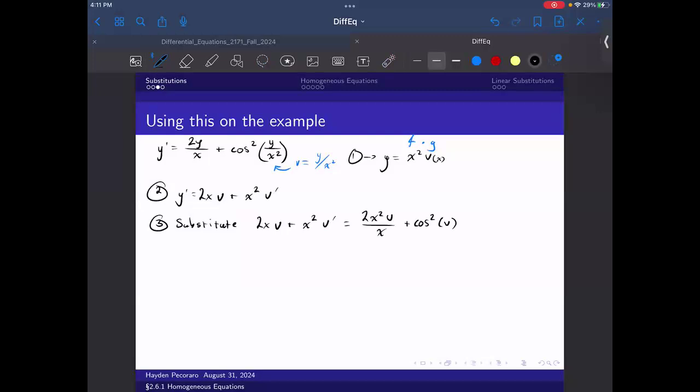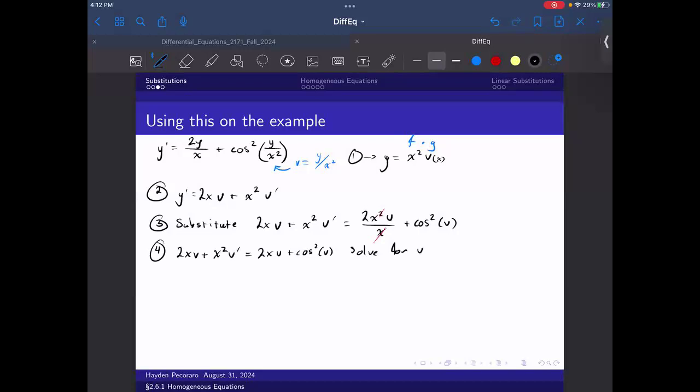Is that what we wanted there, really? That seems odd. Oh, okay, yeah, that works out. Okay, so now the x cancels out over there. And we have, all right, step 4, we're going to solve this differential equation for v.